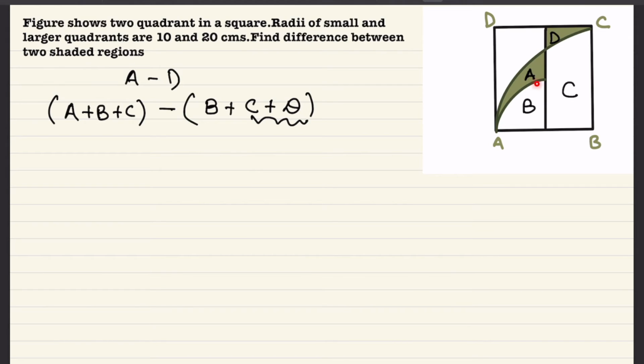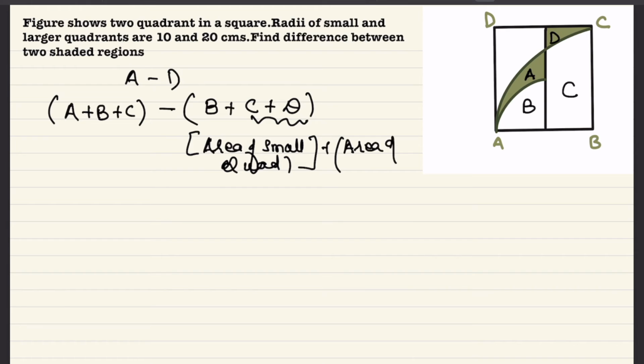And B is the area of this small quadrant. So I will write B plus C plus D as the area of the small quadrant plus the area of the rectangle. Now the area of the big quadrant we have calculated as 314 centimeter square.